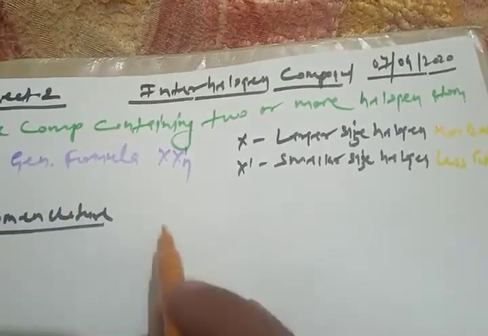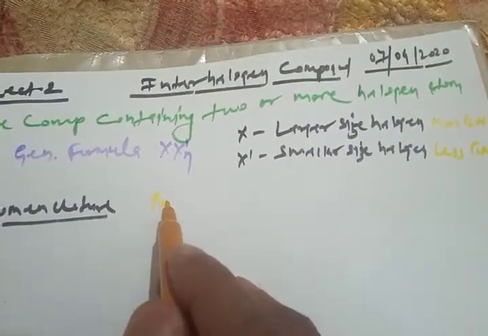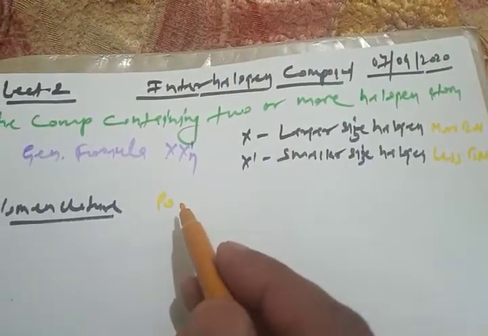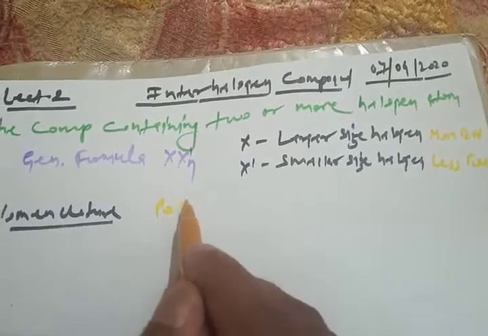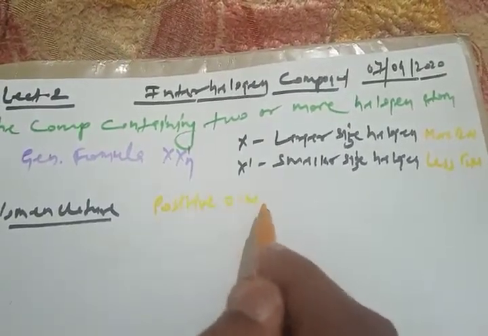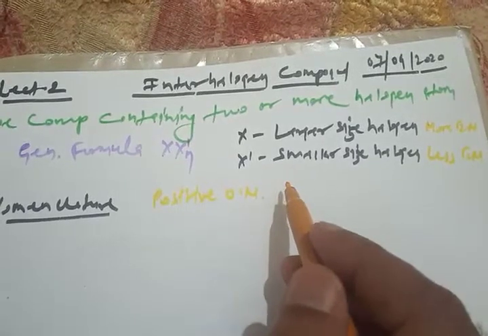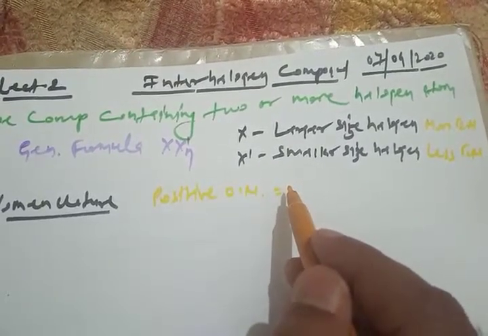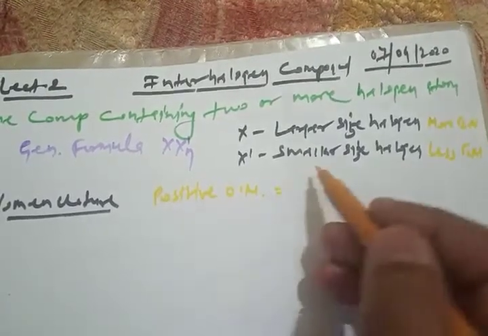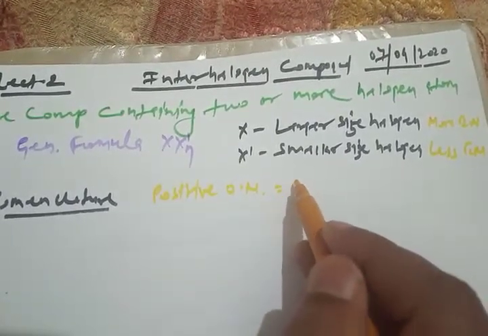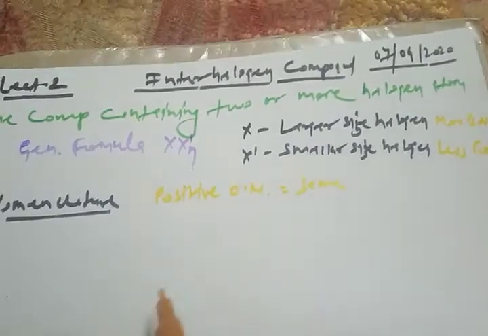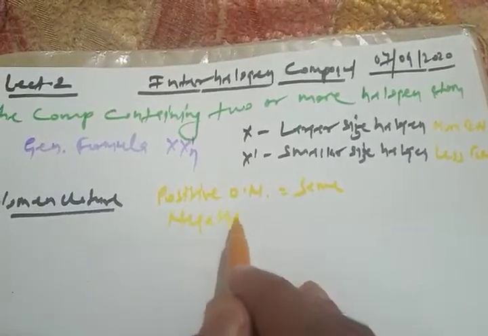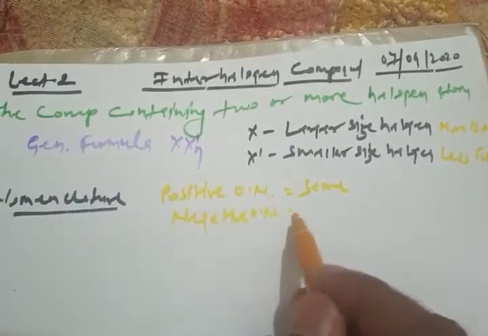The positive oxidation number, that means the lesser electronegative one, will be pronounced as the same, whereas the negative one, that means the more electronegative, will be pronounced as halide.